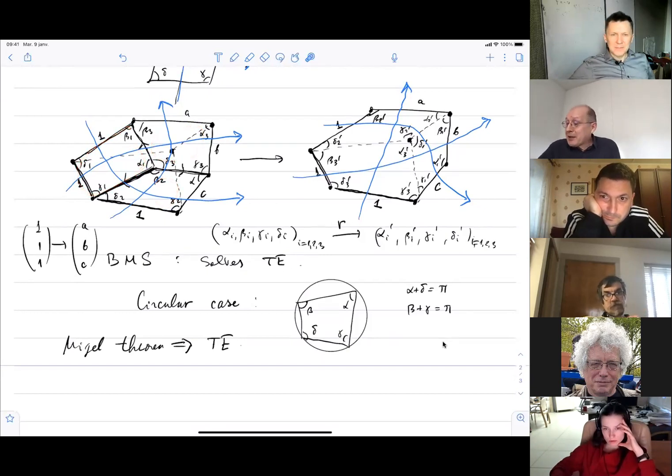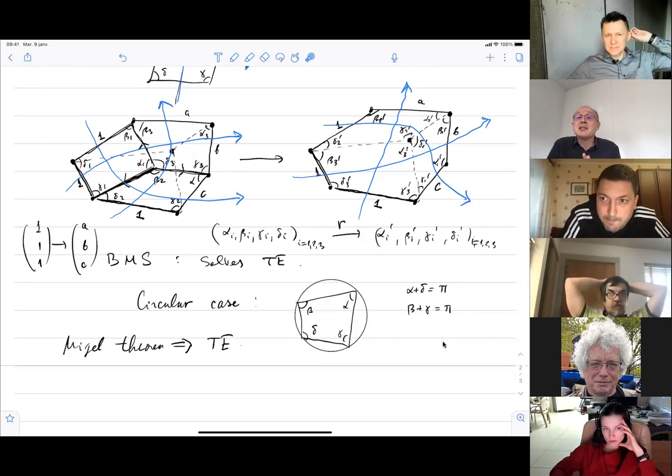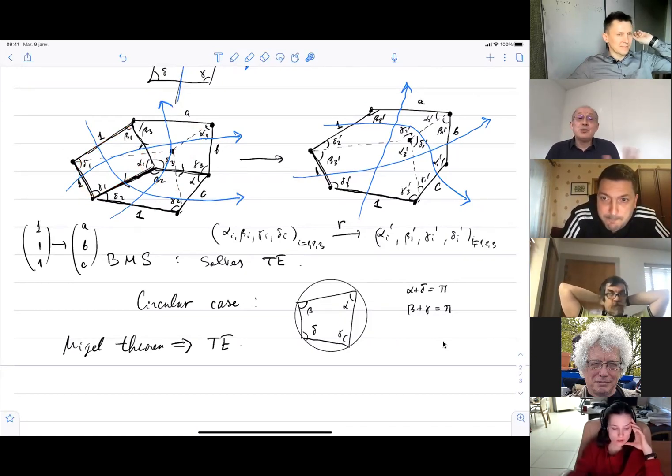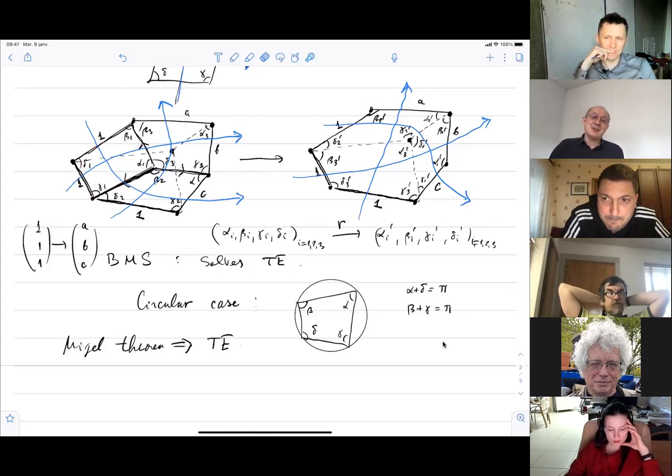And by Miquel's theorem, this intersection point will find itself on the same sphere. So again, you don't need any calculation to check that you still have a solution of the tetrahedron equation. So the amazing manifestation of the power of geometry. I have never seen anything like this before in my life.